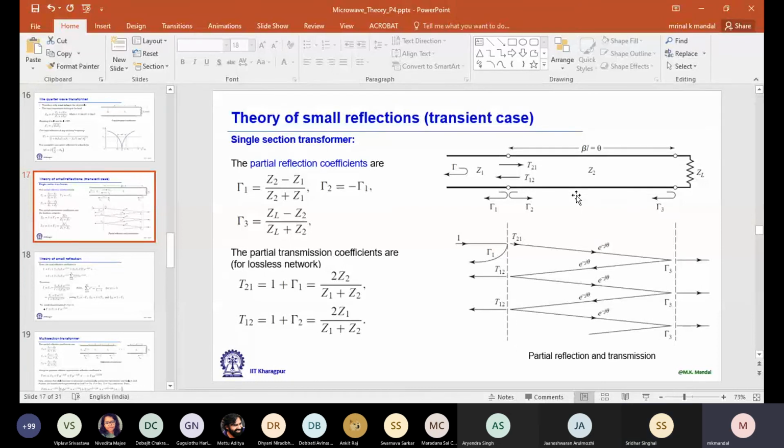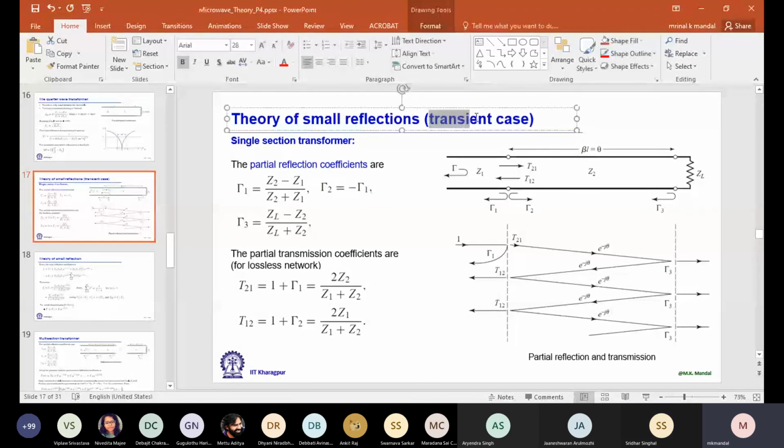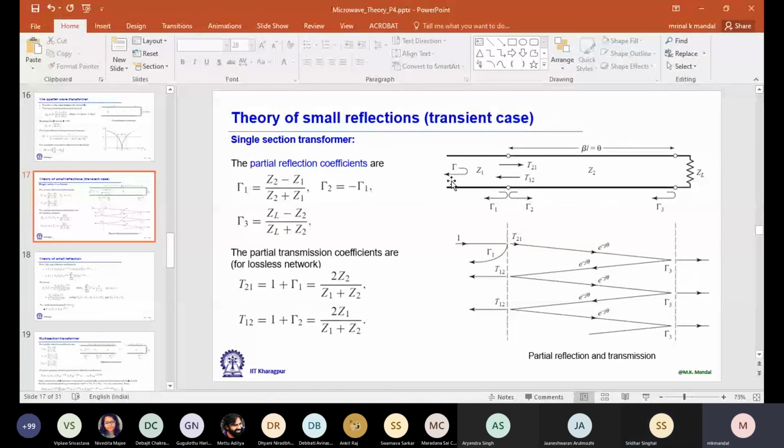No. Okay, you are missing a point. That's why I wrote here it is the transient case. You are connecting the RF source and you switch it on. Now, how does the EM power propagate? Let's say it flows through Z1 first, and with time it first sees the junction impedance step from Z1 to Z2.